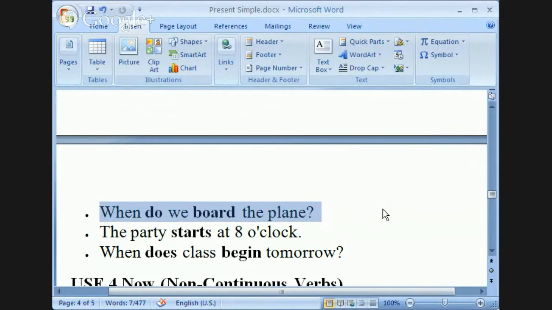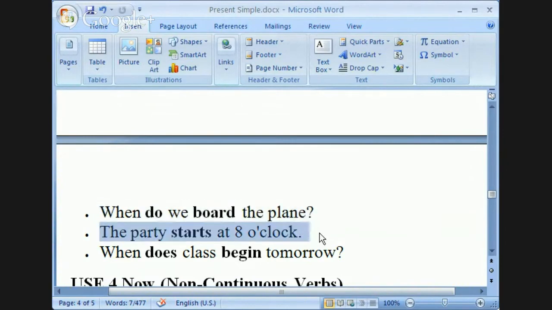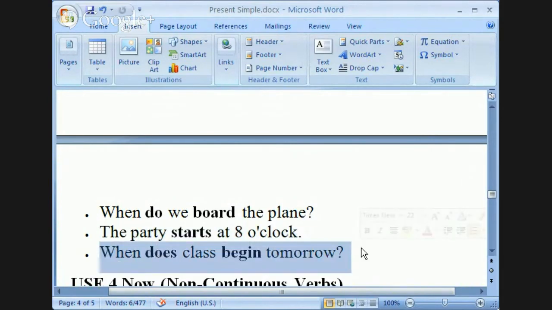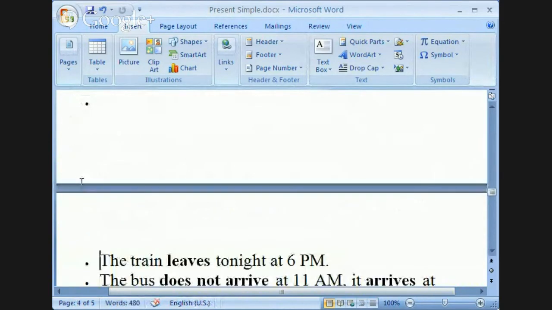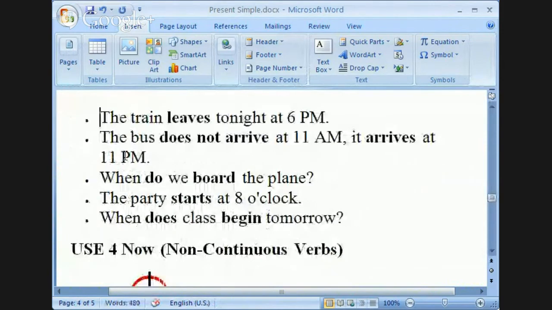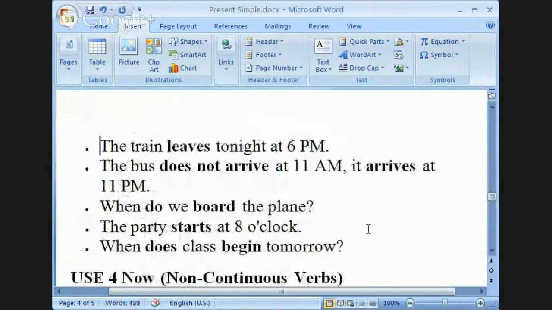Of course, I could say, when will we board the plane, or when are we boarding the plane? All of those would be correct, okay? The party starts at 8 o'clock. All right. When does class begin tomorrow? Okay. So there you go. Talking about a future scheduled event.